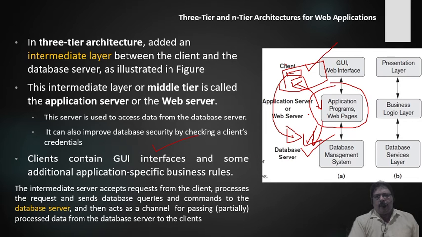Whatever data is accessed here is sent back to the GUI. This is how it works. This type of architecture we can call a three-tier architecture. So be careful with this. One confusion is between the three schema model, three-layer model or three-tier architecture. Be careful with this. Just go through the diagrams, it will be very clear.